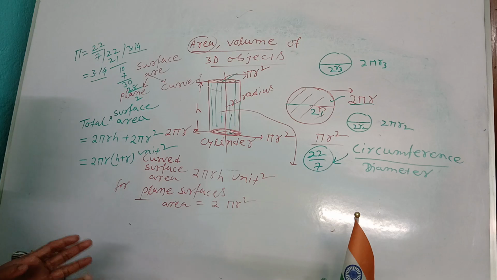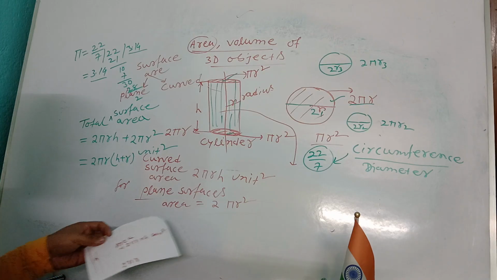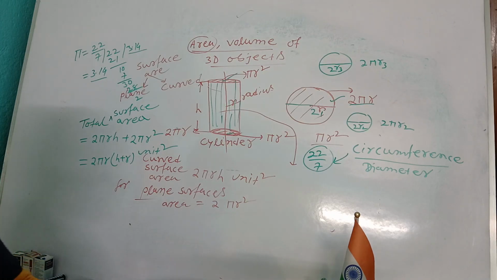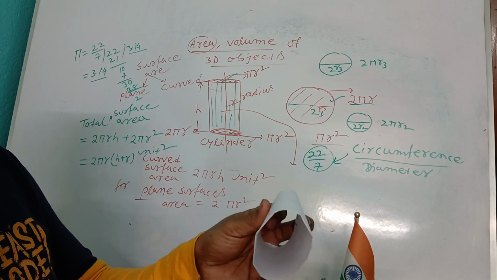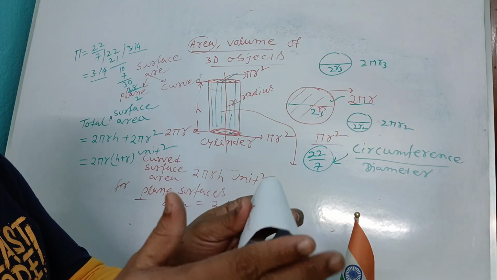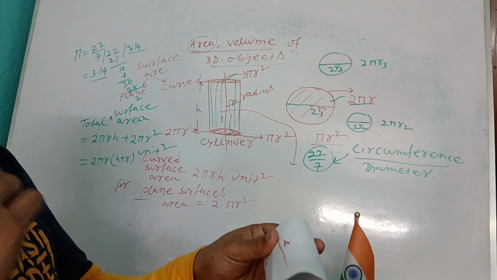Now there is some twist. For example, we have one right circular cylinder where one lid is missing.